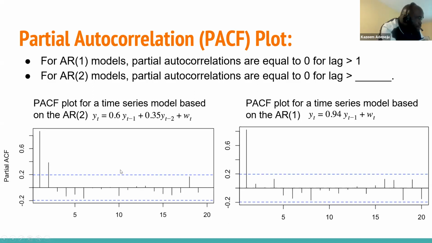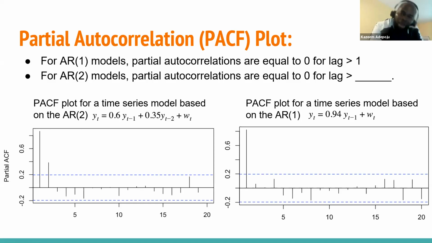But when you take a look at this one now, for the AR of order 2, we expect the autocorrelation, if the lag k is greater than 2, if you are going from 3 and above, to be 0.